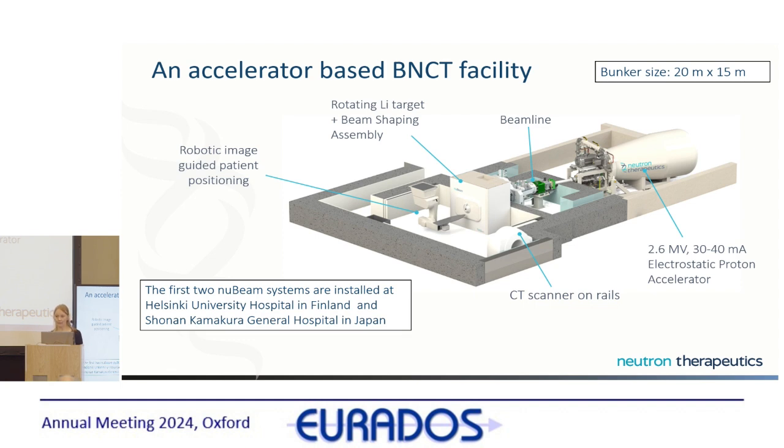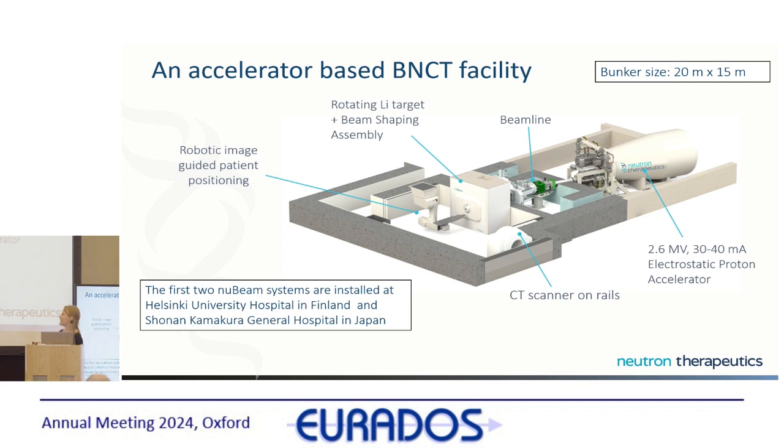We don't have gantries in BNCT yet, because typically only one field or two fields are needed. We have thought that it's cheaper to rotate patients than to develop a whole gantry, but of course it's also possible with the accelerators. Instead, we have a robotic patient positioning system in the treatment room with 6 axes, and also a CT scanner on rails that can be used to verify patient positioning.